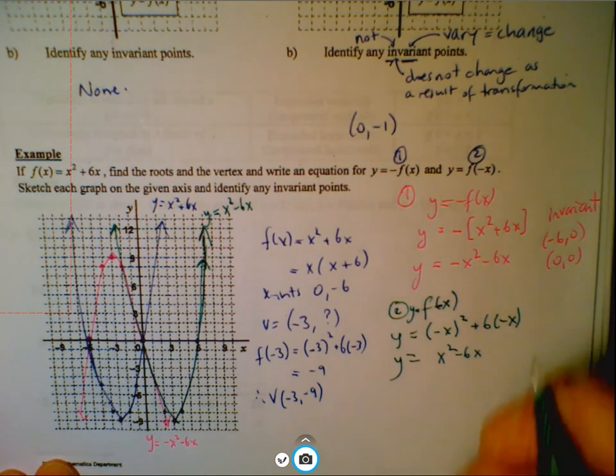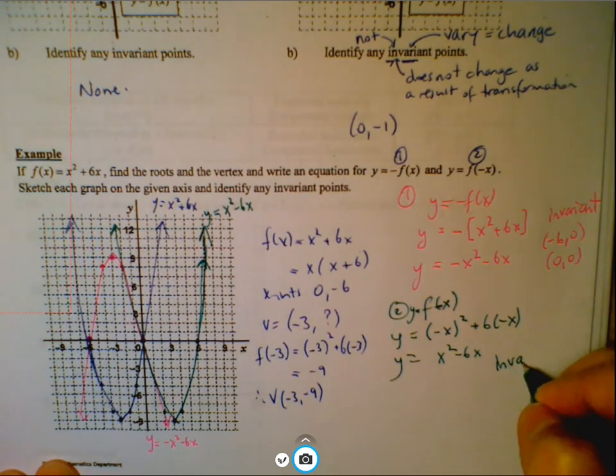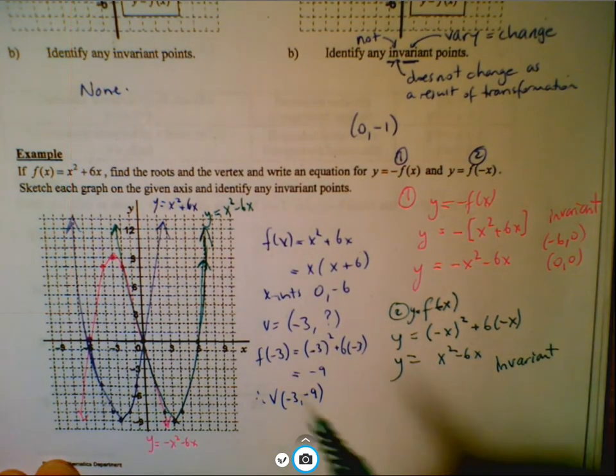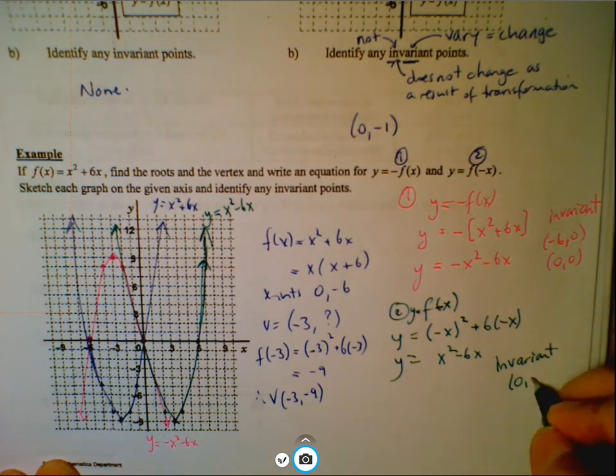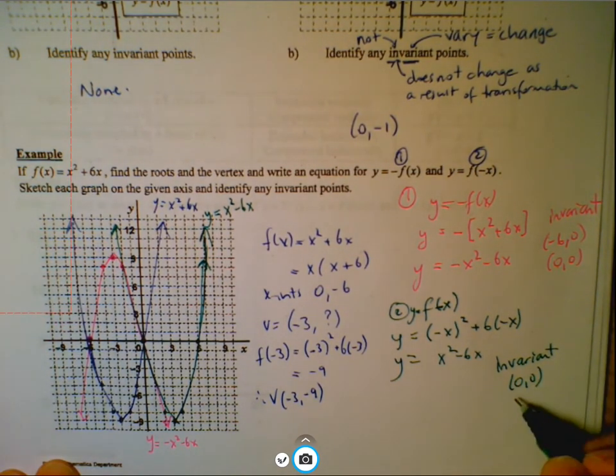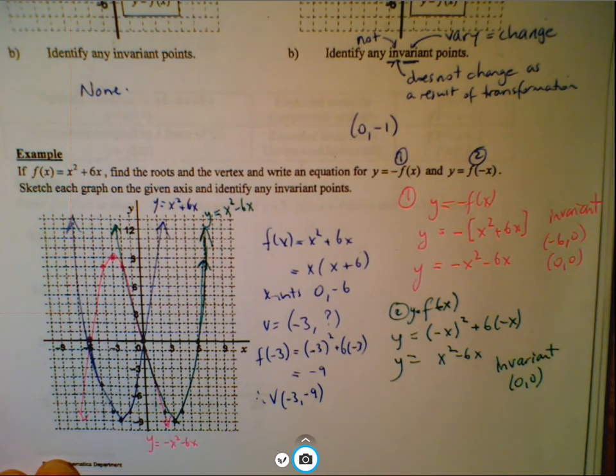And for the other one, which ones are invariant? For the green one, (0, 0) for sure, because if I multiply my x by -1, I still get 0. I think that's the only one. Okay, that's reflections. Thank you.